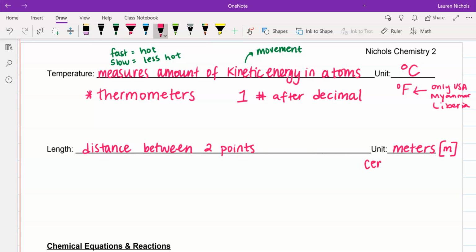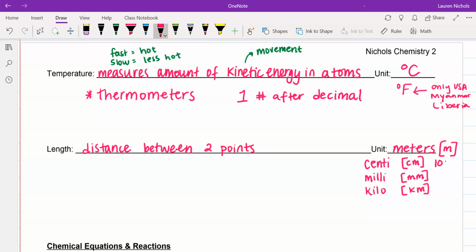You might see centimeters, which is cm, lowercase c. You might see millimeters, which is mm, or you might see kilometers, which has a lowercase k and a lowercase m. Now, the prefixes all stand for something.